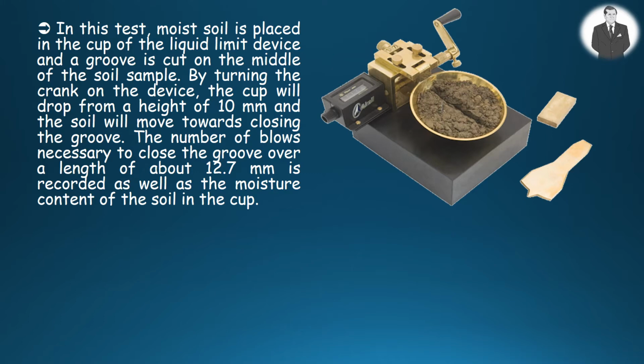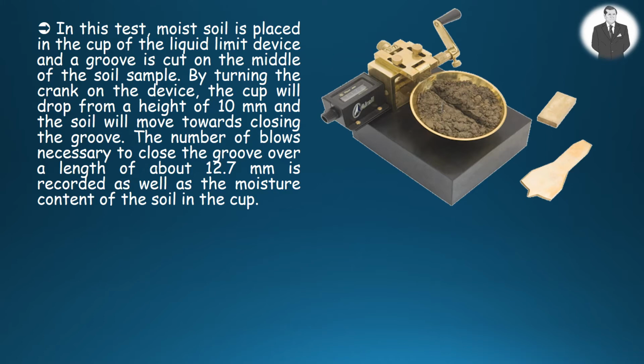Since the Casagrande device is well known and widely used in the laboratories, I will give you brief information about it. The details of the test can be found in any related books and manuals. And you will also have an exercise in the laboratory.